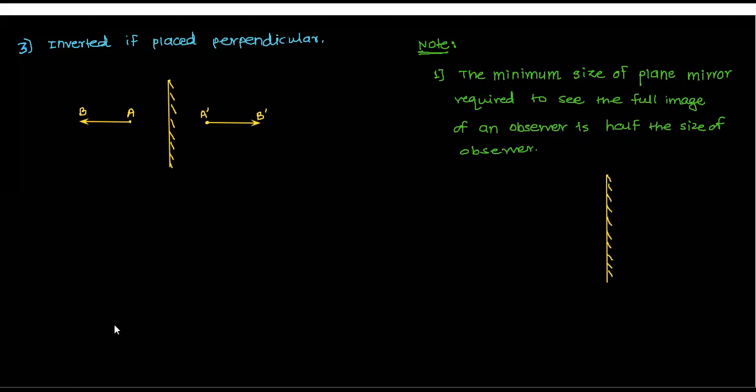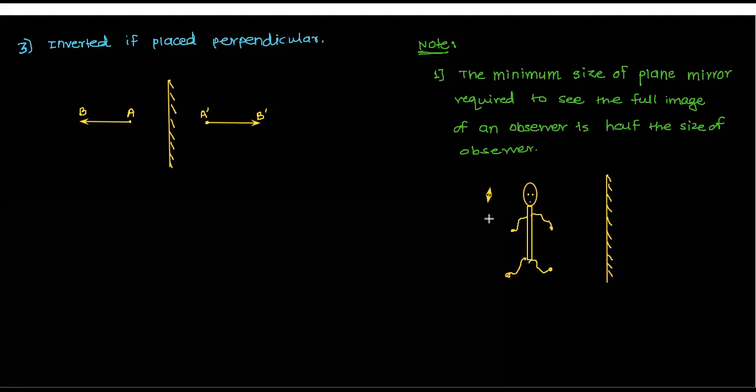And now in front of this mirror, this is the observer. And the size of this is, how much is the size? Let us suppose 6 feet.